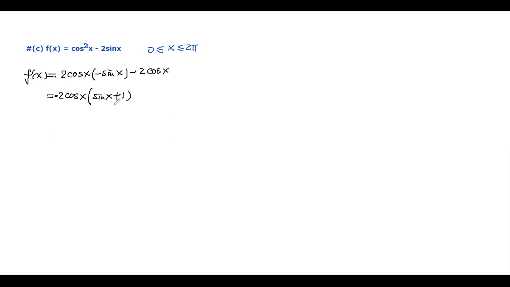And then we set it equal to 0. So that means cosine x equal to 0 or sine x plus 1 equal to 0. That means sine x equal to negative 1, right?